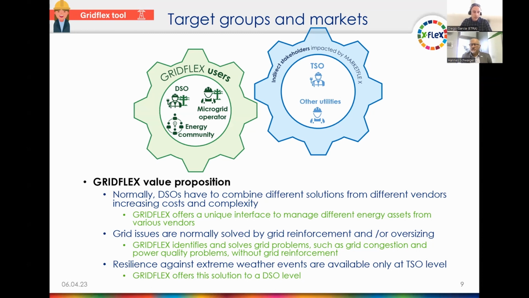There's also the tackling of the issues in the grid, which are normally solved by grid reinforcement or oversizing. And with the inclusion of the GRIDFLEX tool, the idea is to find alternative ways to solve these types of problems.